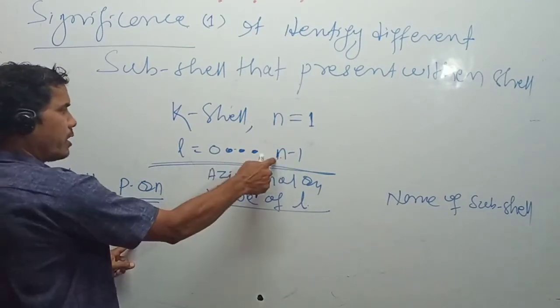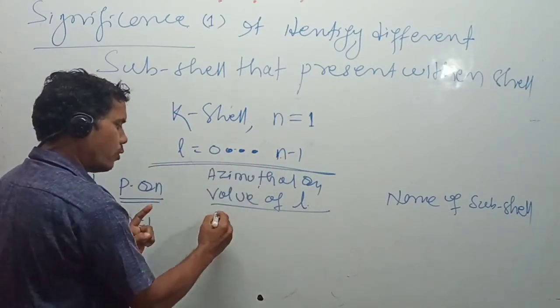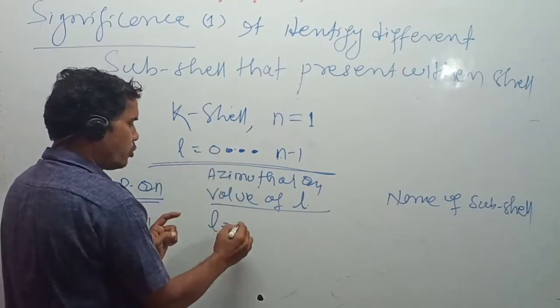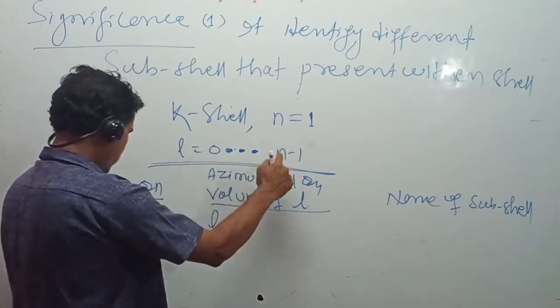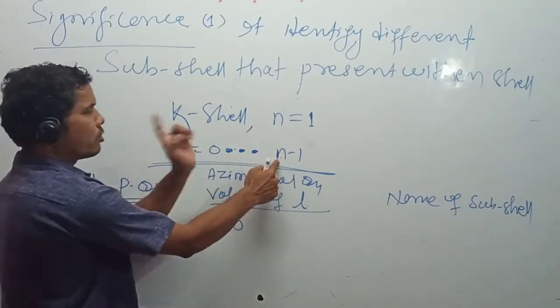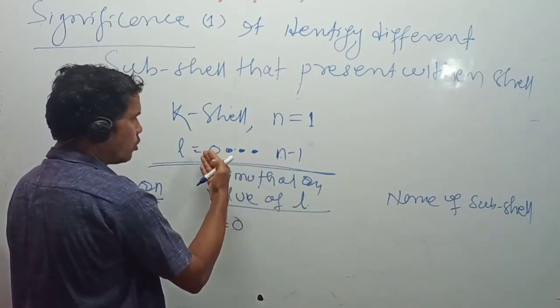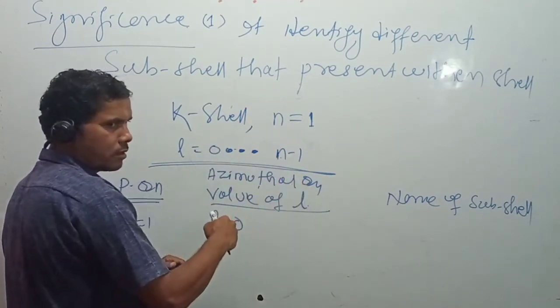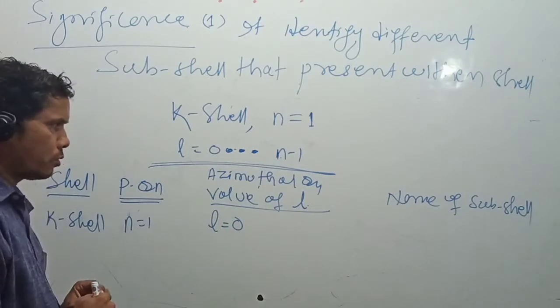By putting 1 here, l equal to 0 to 1 minus 1, which means 0. So from 0 to 0 it is only 0. So l equal to 0.